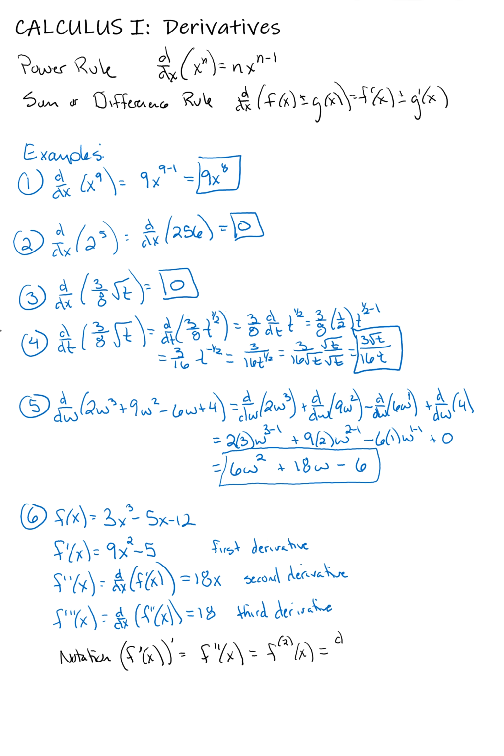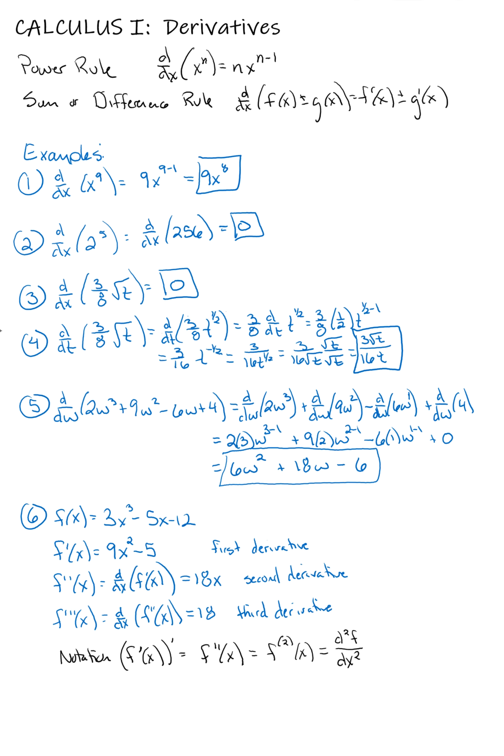Another notation is to say we're taking the second derivative of f with respect to x, and that's saying it's with respect to x both times. So these are all ways of saying the second derivative. So first derivative notation, second derivative notation, third derivative notation.